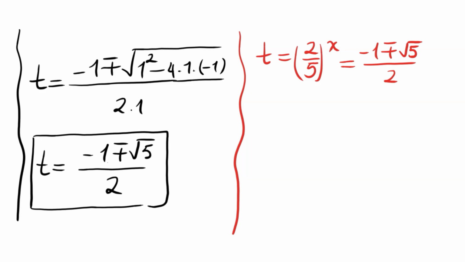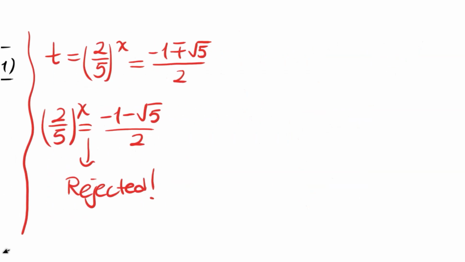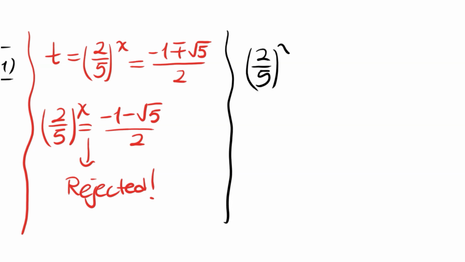To find the real solutions, we reject 2 over 5 to the power of x equal to -1 minus root 5 divided by 2, since the exponential function cannot have negative results, but the other solution is possible. 2 over 5 to the power of x is equal to -1 plus root 5 divided by 2.